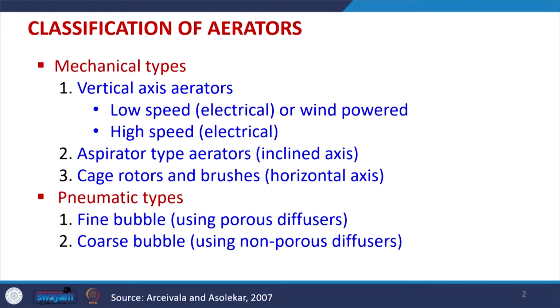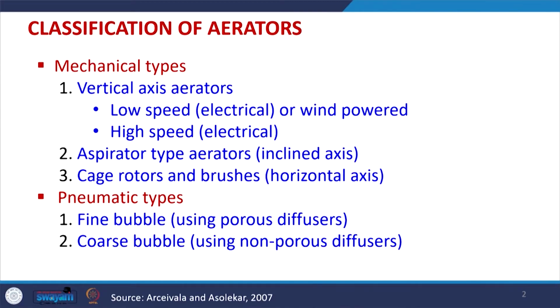One common classification of mechanical type of aerator is based upon the axis. So, we may have a vertical axis, an inclined axis and a horizontal axis. Vertical axis aerators have further classification as low speed and high speed.